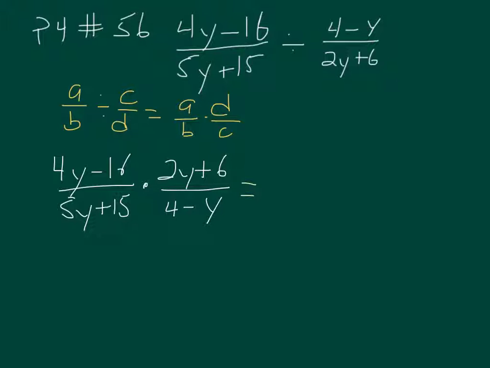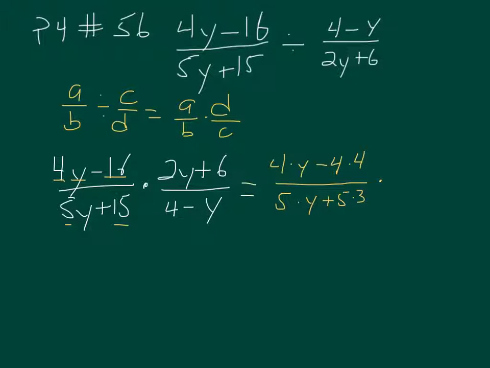Now what we see is that in our first term we have a 4 times our y, and our 16 is 4 times 4. So we can do this as 4 times y minus 4 times 4 on the top. On the bottom, we have a 5 and a 15. 15 is 5 times 3, so we can turn this into a 5 times y plus 5 times 3.